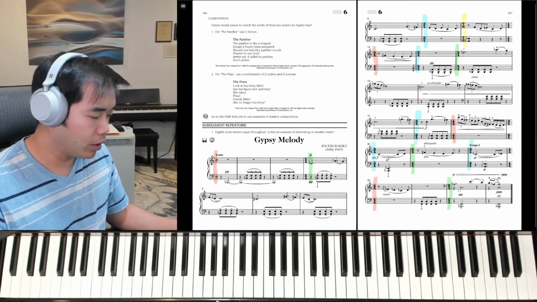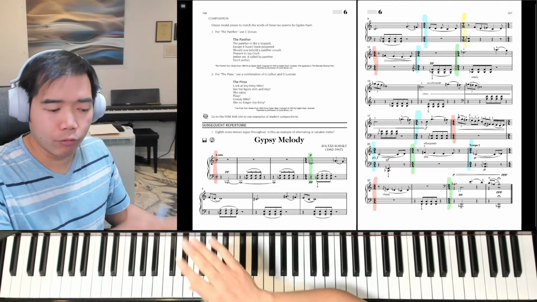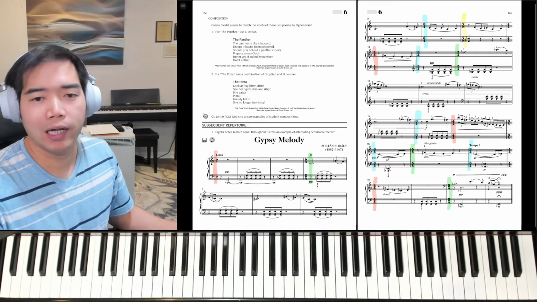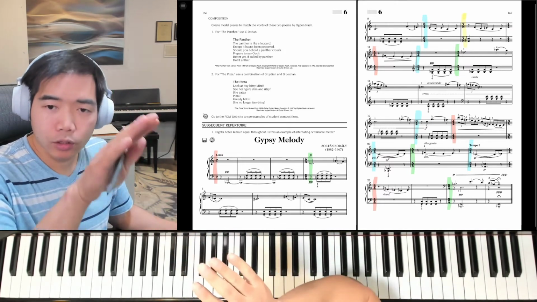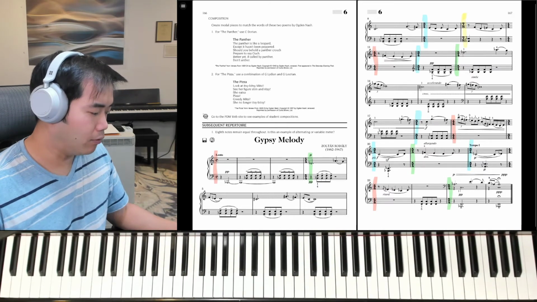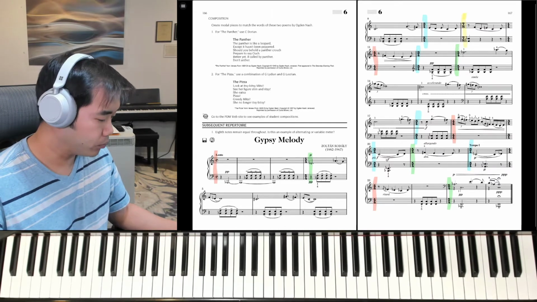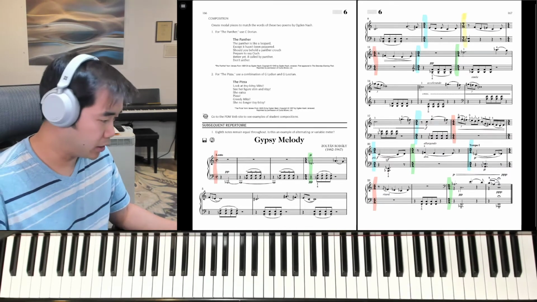And what that means is you're either going to have an accent on beat 3 or an accent on beat 4. All right? So there's always an emphasis in 5/4 that falls either on the third or the fourth beat. And we'll see how it works in this piece.